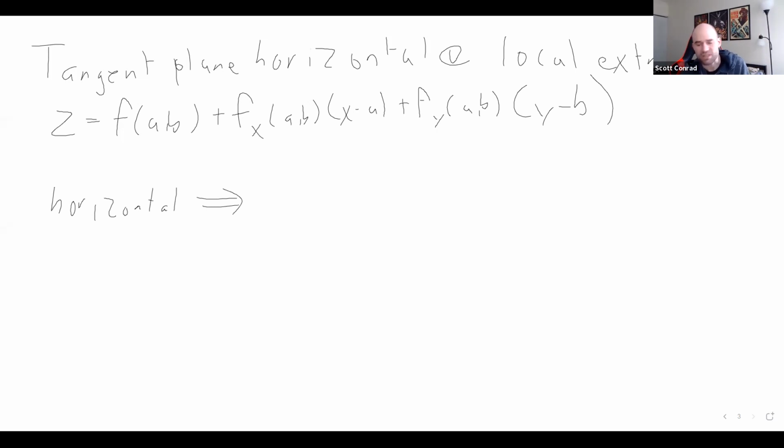So if our tangent plane is horizontal, that means it's going to be parallel to the xy plane, right? The xy plane is the plane z equals 0. So every plane parallel to z equals 0 is just z equals a constant.